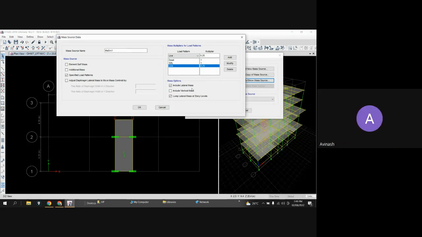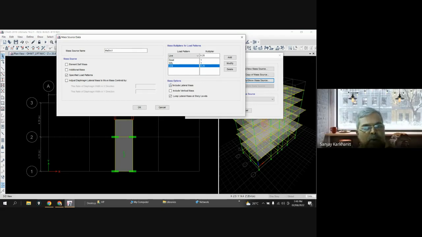Sir. Yes, sir. Then you are going to include lateral mass and you are going to lump lateral mass at story level. Okay. And then click OK. So the two checkboxes are clicked, then OK.